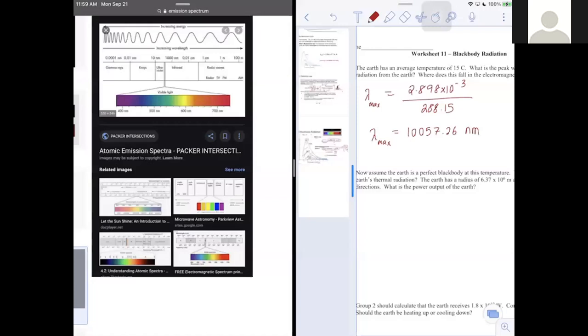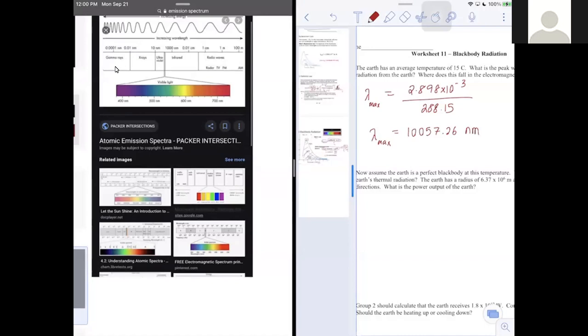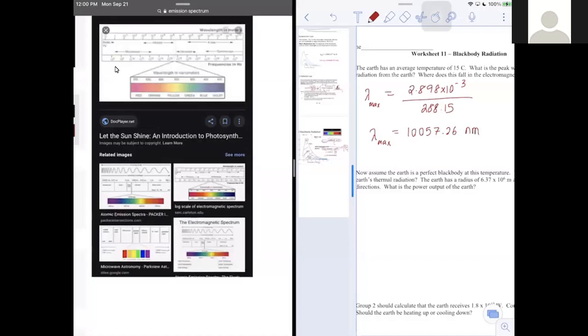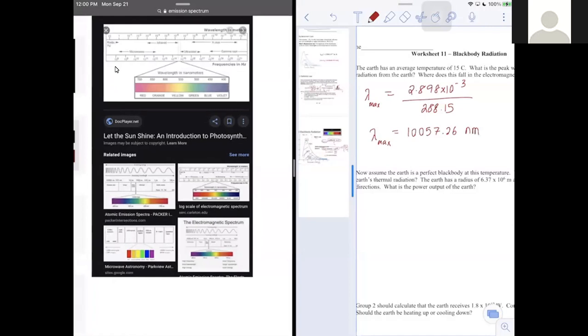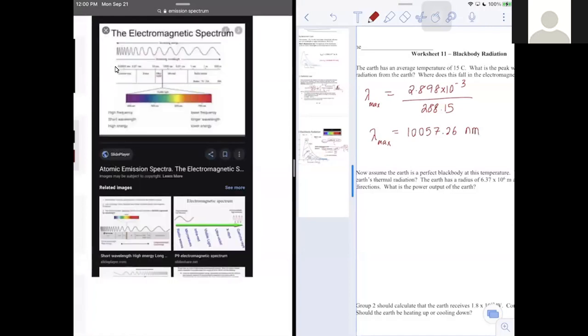I'm going to leave and go on to the next group. What was the answer for that? So it's in the infrared, right? Yeah, but I don't know why this is not giving me all of the units. I'll just tell you that is a good number. Most people in the infrared use microns, micrometers.